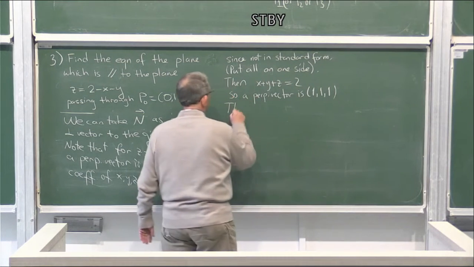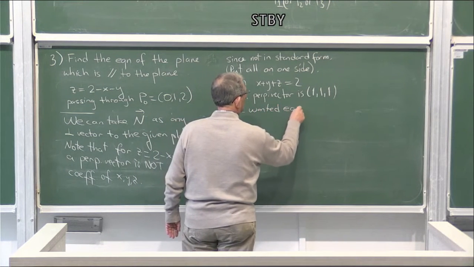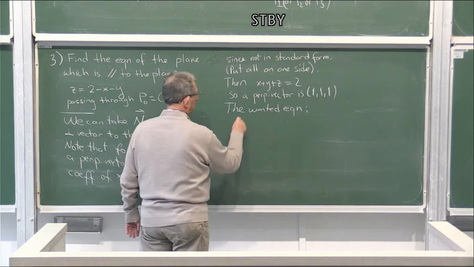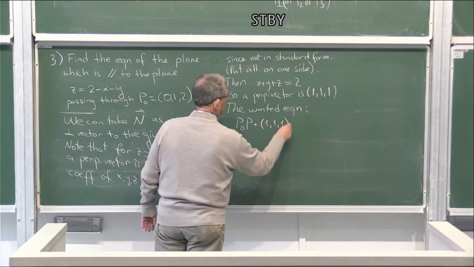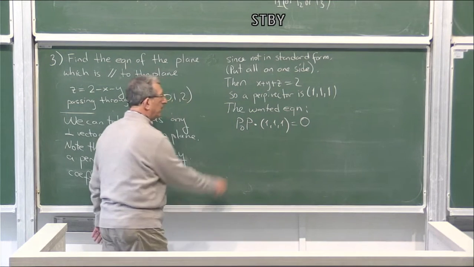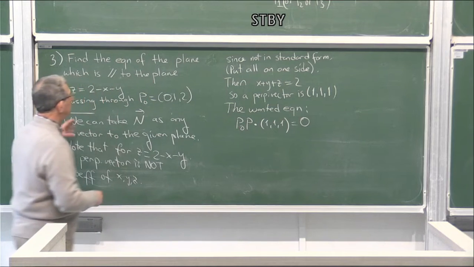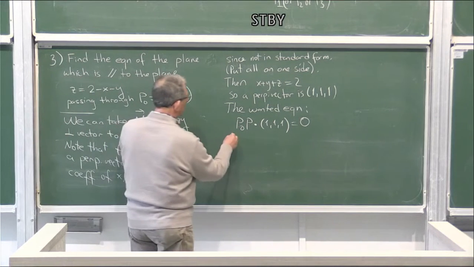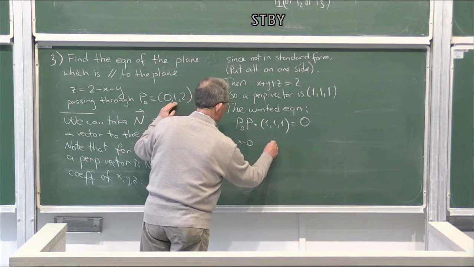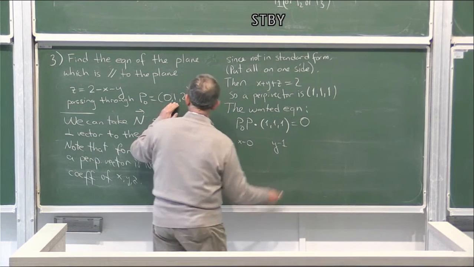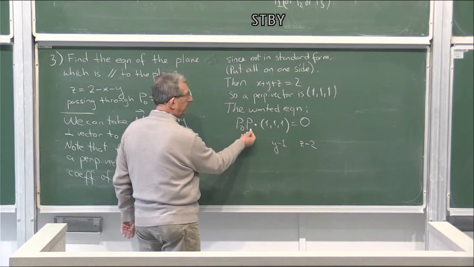So we can take the same one for our plane. So the wanted equation would be P0P dot (1, 1, 1) is 0. But this, of course, means that because P0 is (0, 1, 2), this is (x minus 0, y minus 1, z minus 2). This is P0P.